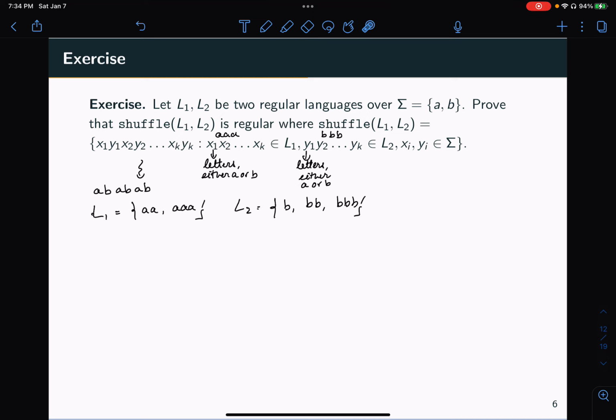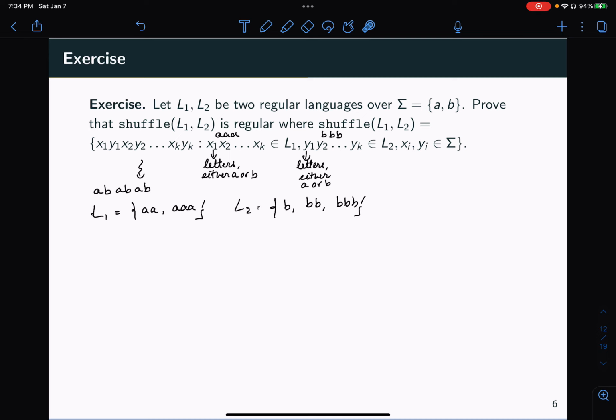So what this says is, for every integer k, for every length of string in each of the languages, take all the strings with the same length and then shuffle them together.